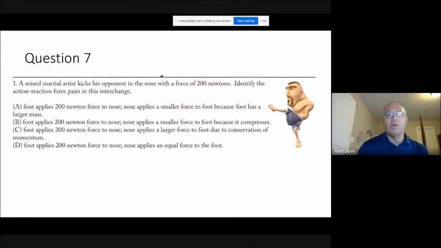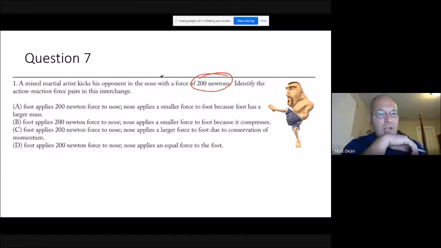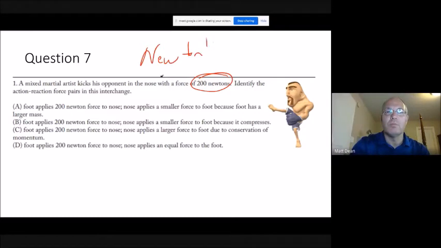All right, so now we get more to Unit 2 kinds of questions. So here we have a mixed martial artist. He kicks his opponent in the nose with a force of 200 newtons. Identify the action-reaction force pairs in the interchange. Well, this is a Newton's third law problem. For every action, there's an equal and opposite reaction.